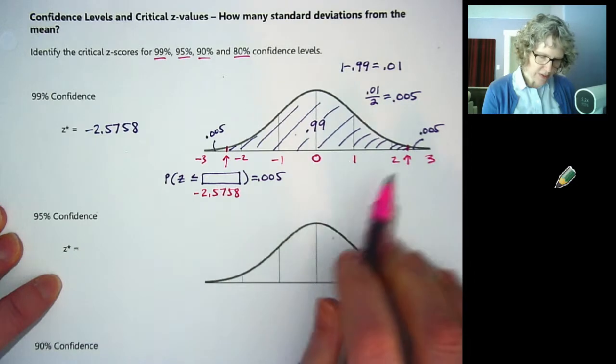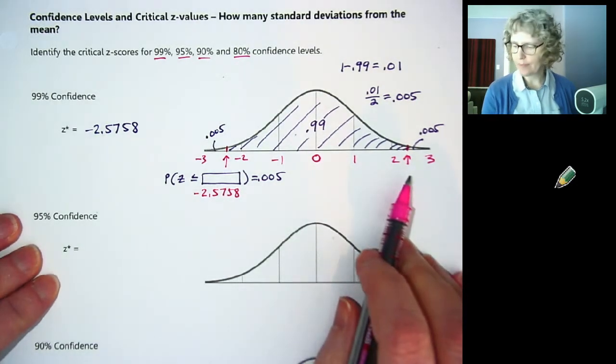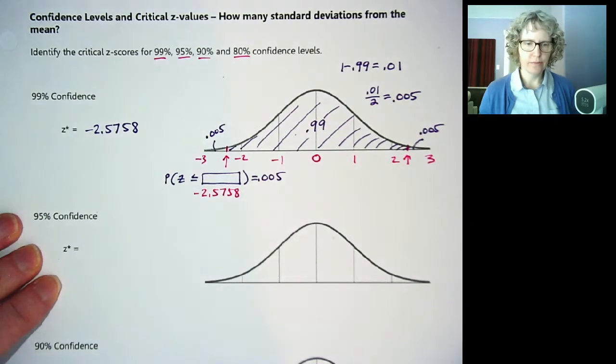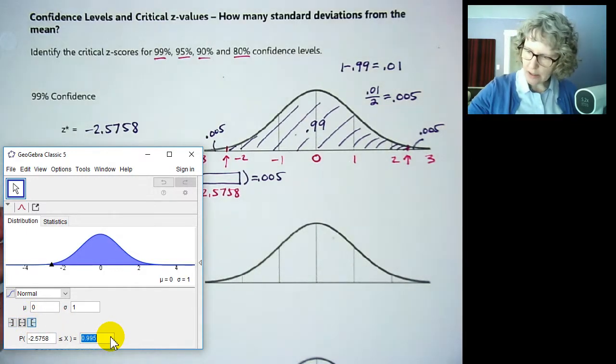Okay, now we can do the same thing for the upper value, right? Do you have a guess as to what it's going to be? Pull this up again. And now we're going to go to the right and put in 0.005.